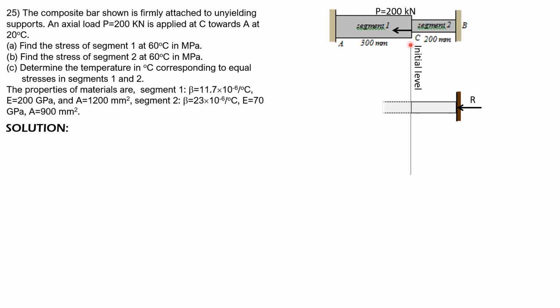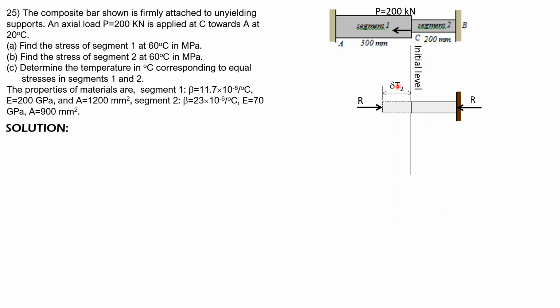So this is the initial junction, so we allow this segment 2 to expand due to thermal expansion, and this is delta T due to segment 2. Then from the end of this, we have R here. If that is R, this is also R, same force.